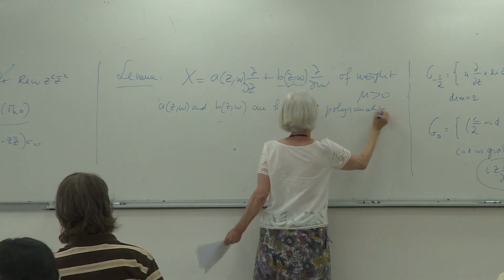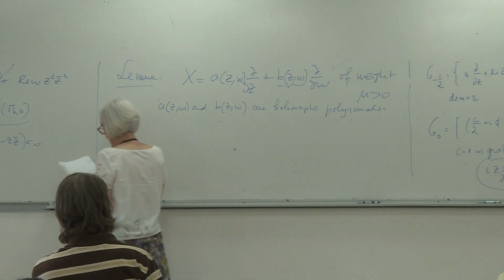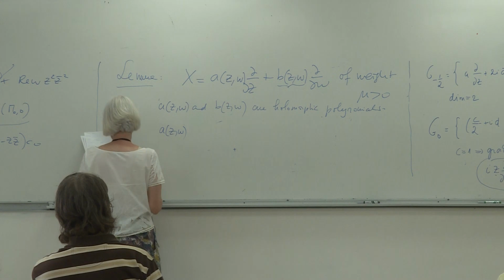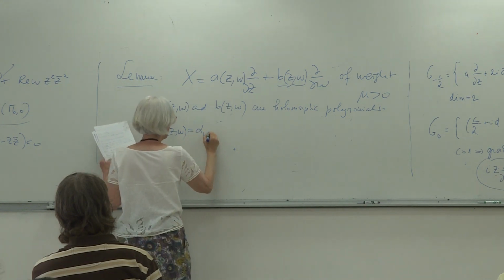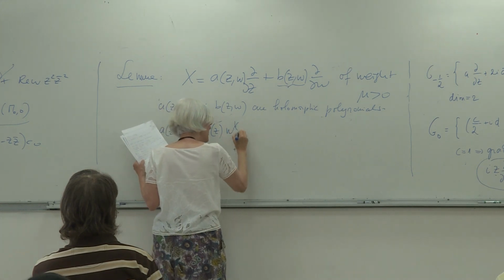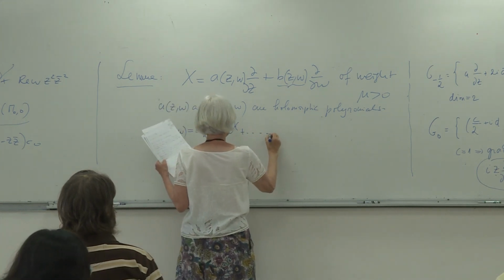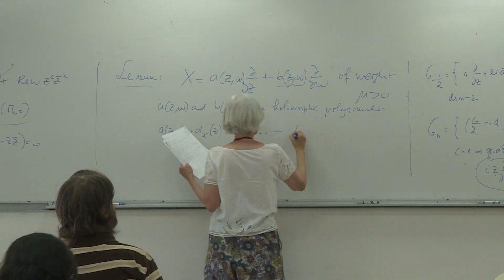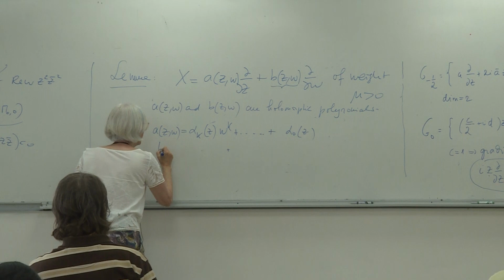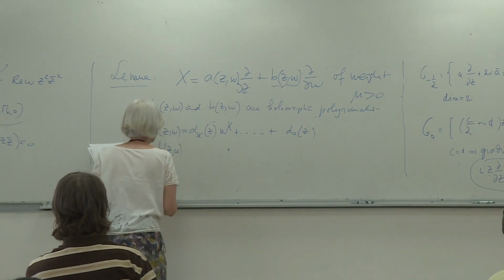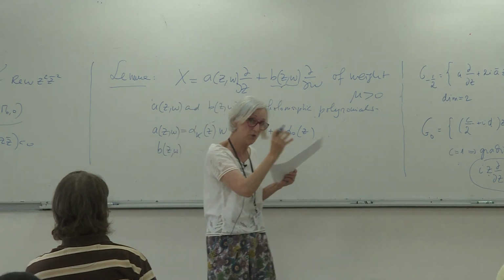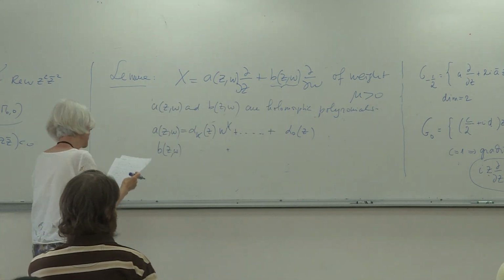And some magic happened. So I can write A of ZW, like the first coefficient in terms of W^K, plus etc., plus alpha 0 of Z plus the bigger ones, and B of ZW, the weighted stuff. Z has weight 1 over 2, W has weight 1, so it's a weighted polynomial.